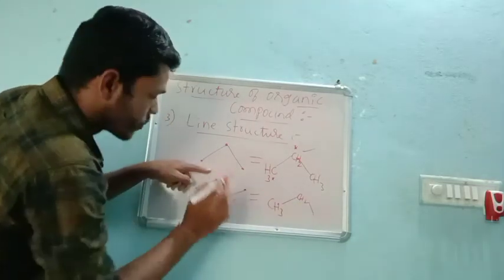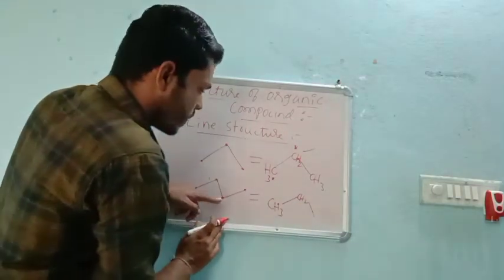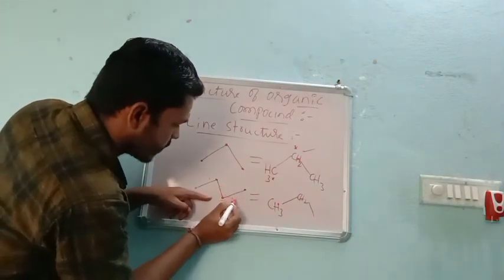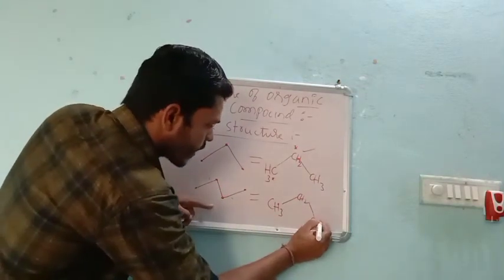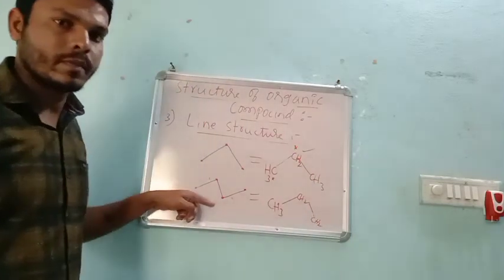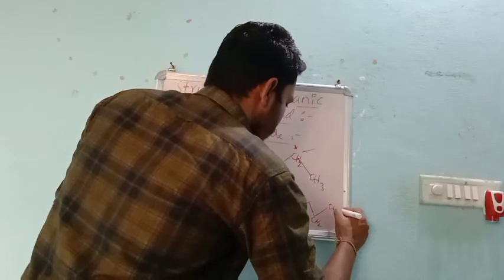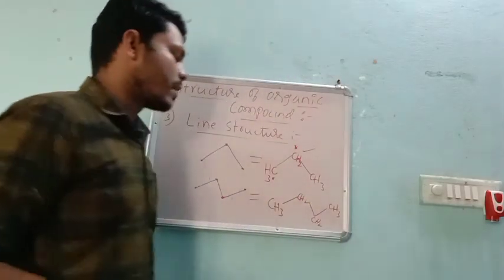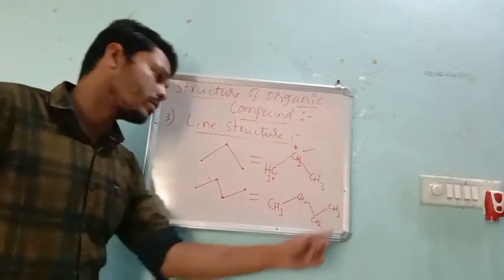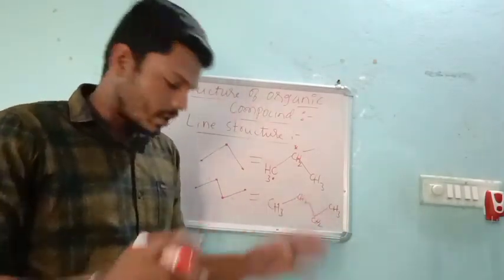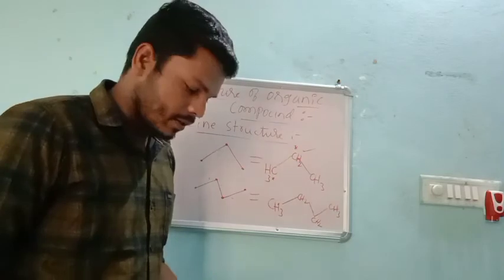That's why I wrote CH2. Coming to the third carbon atom, the condition is the same: considering this bond as 1 and this as 2, it again requires 2 hydrogens. Finally, the last terminal carbon has only a single bond, so we have to provide three hydrogen atoms to complete its valency.